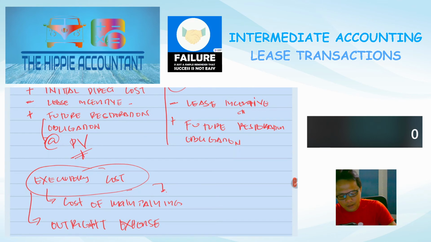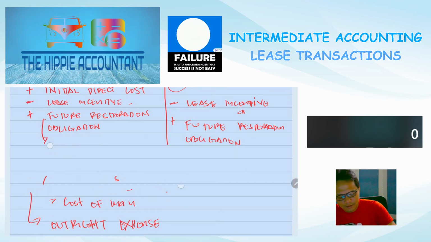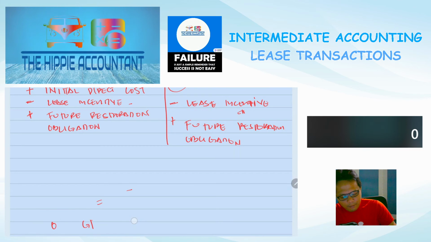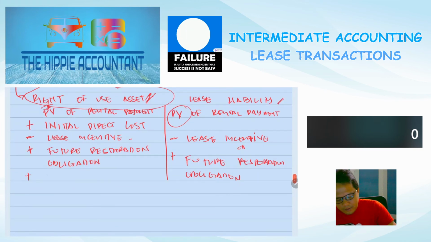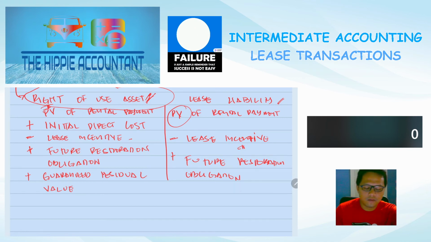In addition pala, meron tayong nakalimutan. If part of the agreement is that there is a guaranteed residual value. Okay? Ano ba itong guaranteed residual value? Alam naman natin yung concept ng residual value, di ba? Yung value of the asset at the end of its life.